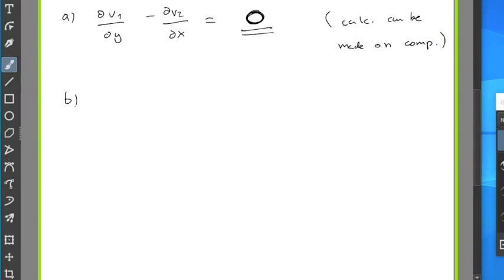So in B, we then need to evaluate the line integral of V along the unit circle, and it should be traversed in a counterclockwise fashion like this. Now, what one could be tempted to do is to apply the Green theorem.